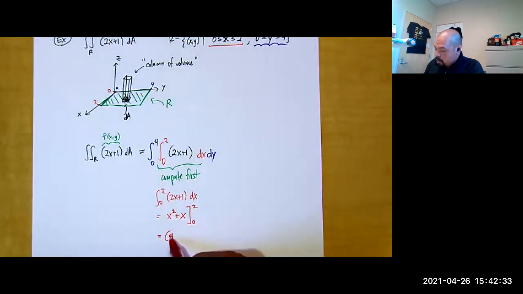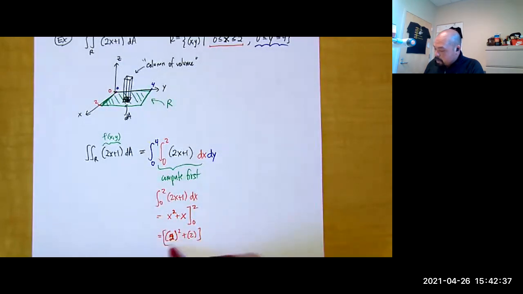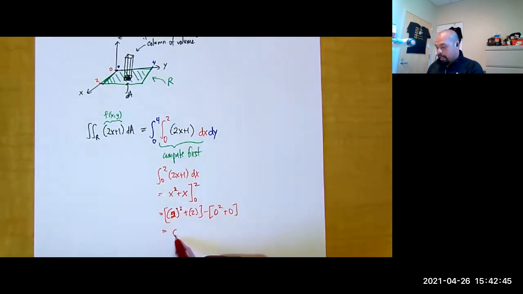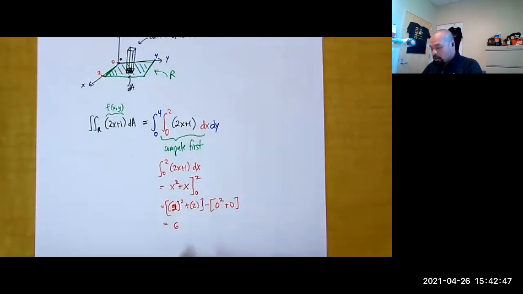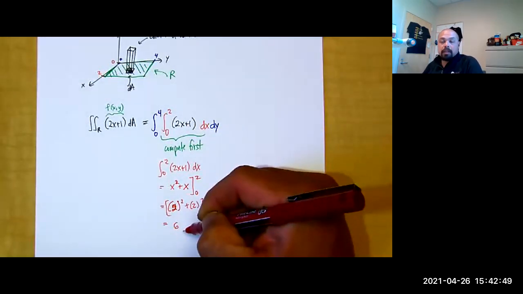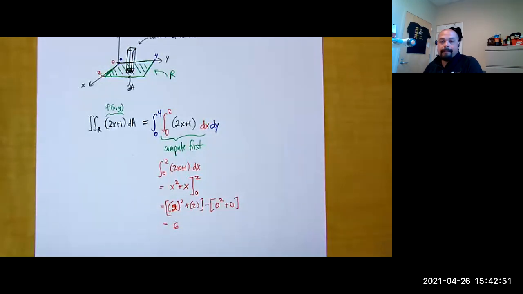Or I guess I could say 2 squared plus 2 minus 0 squared plus 0, 4 plus 2, 6. Right, so that whole integral is a constant. It is equal to 6.